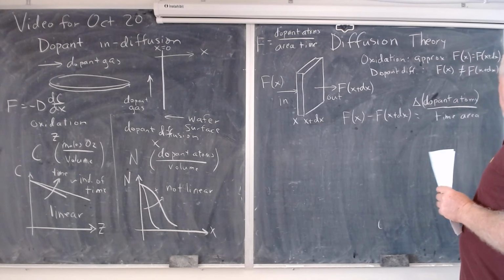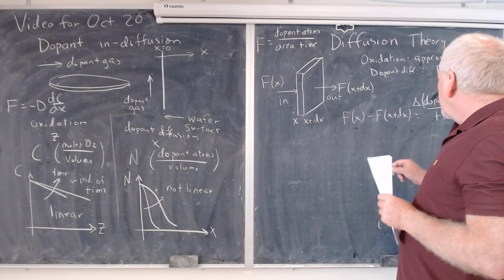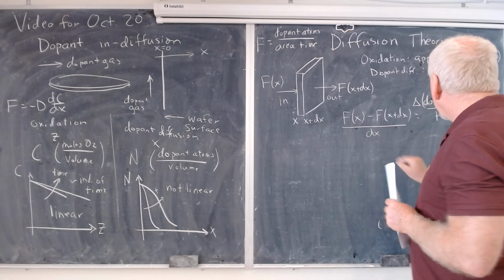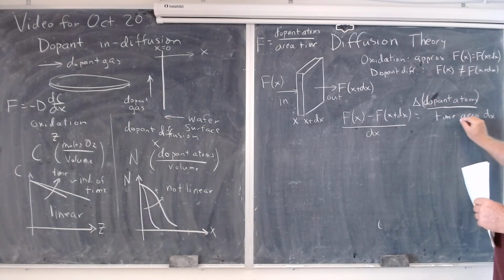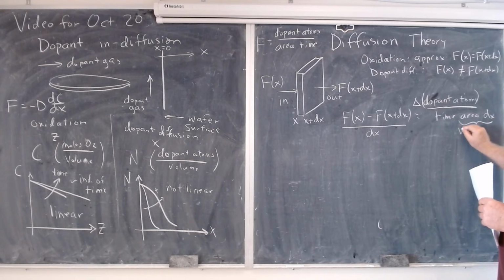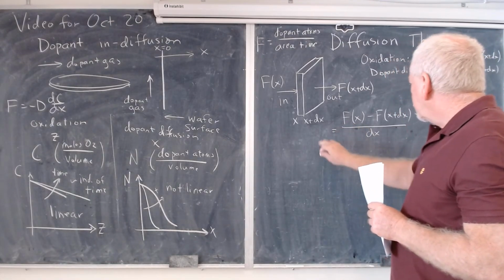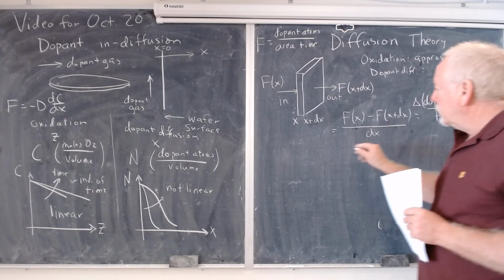And so what we can do now is divide this by dx on both sides. And then this is volume. So we can write then, and I'll scrunch it down over here, you know what this is. This is a derivative.